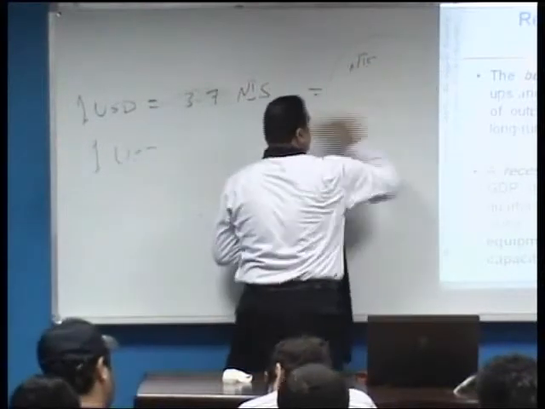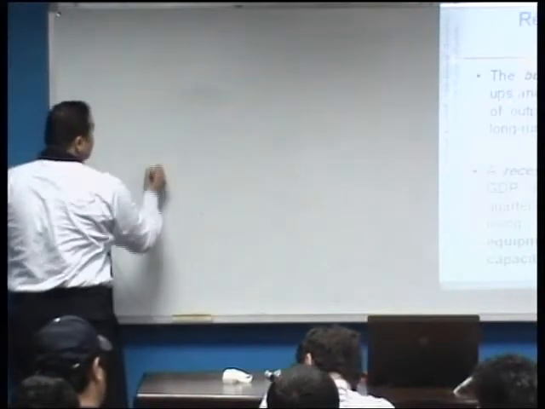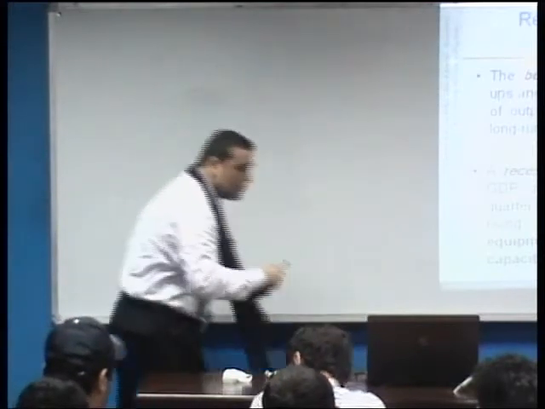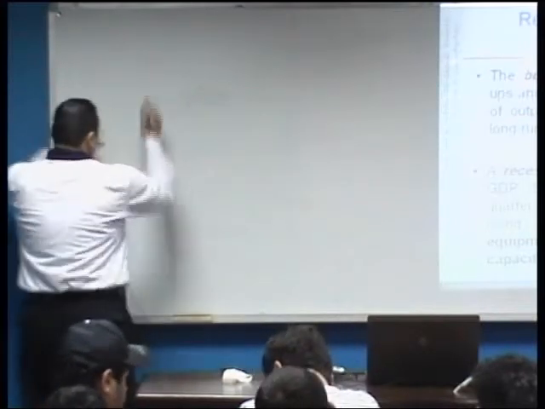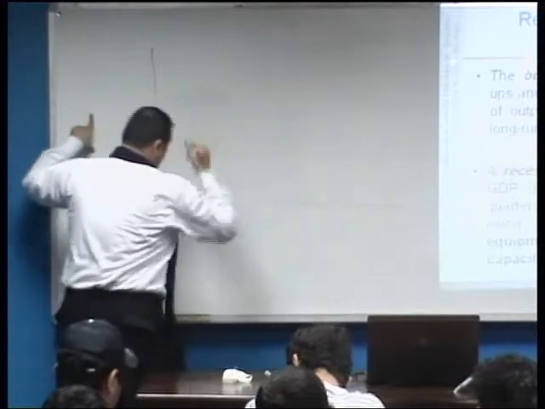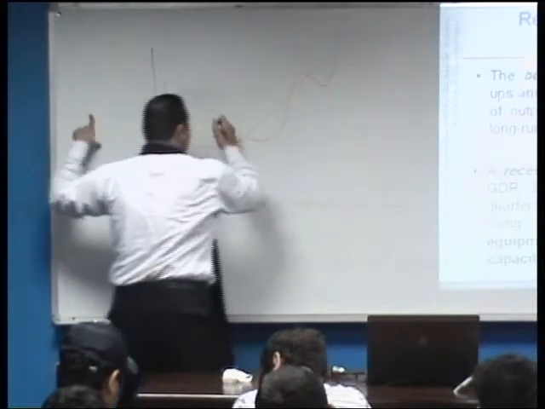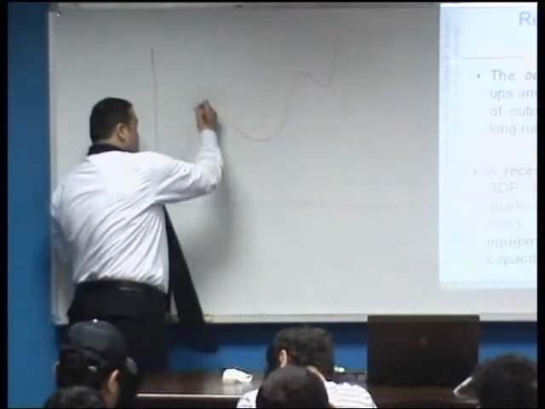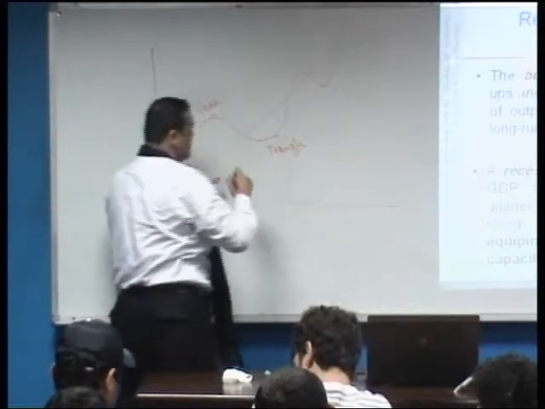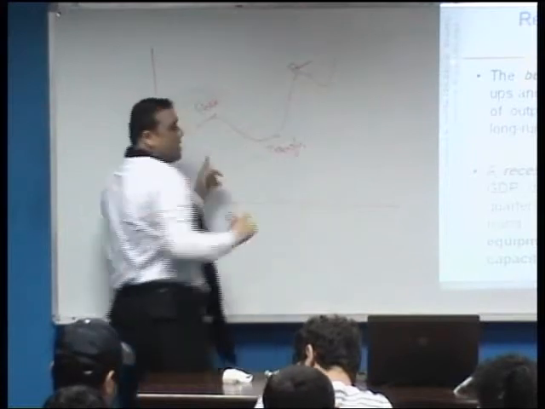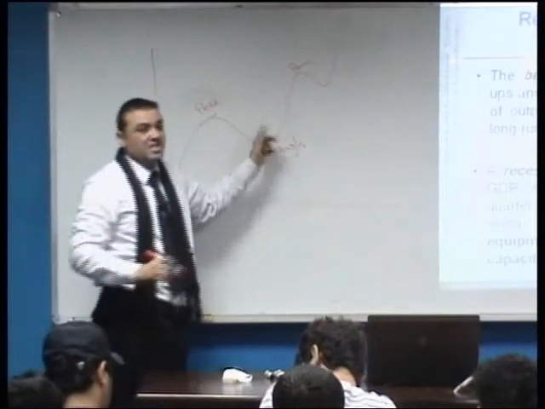Just to remind you, this is the business cycle. This is the peak, trough, peak. From peak to trough, we have what? A recession, exactly, which is a contraction.